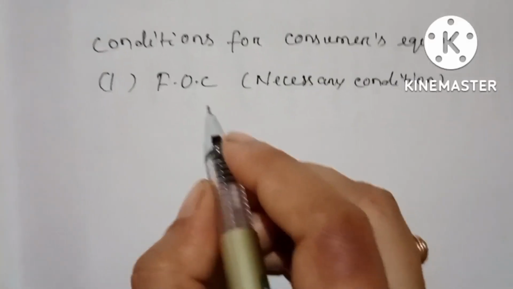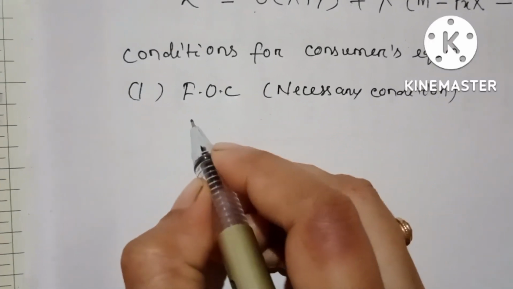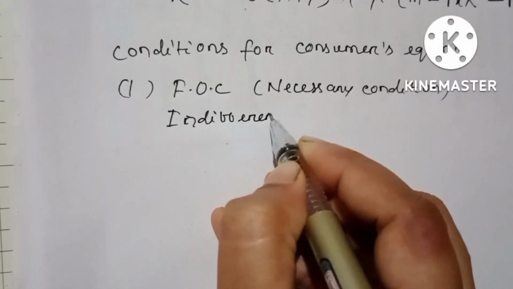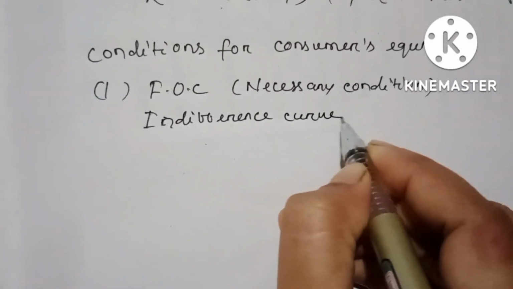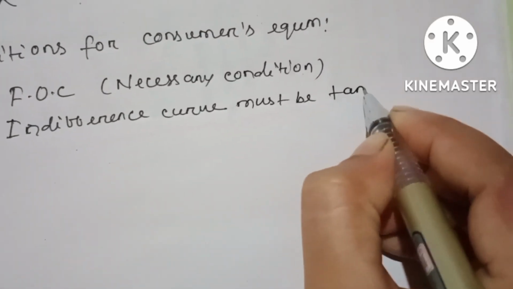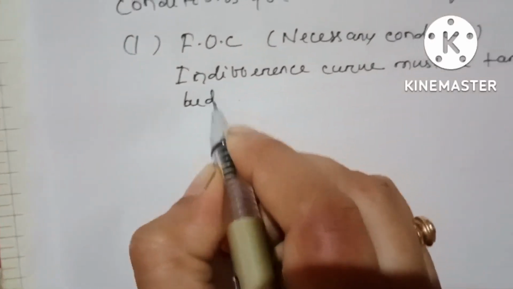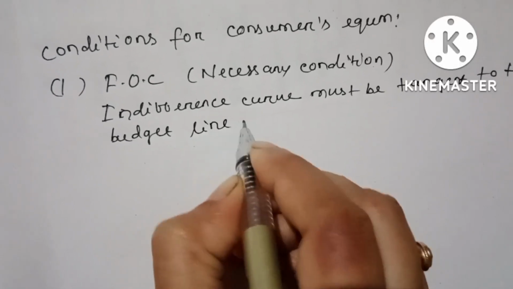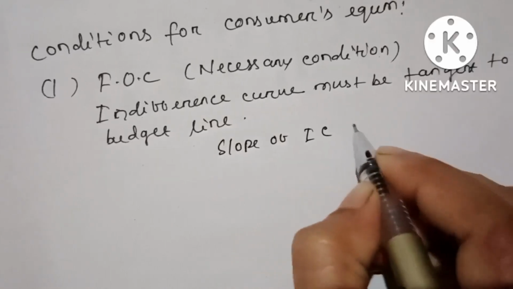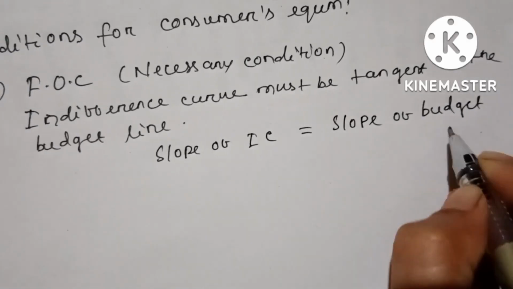The necessary condition states that the indifference curve must be tangent to the budget line, or you can say the slope of the indifference curve is equal to the slope of the budget line.